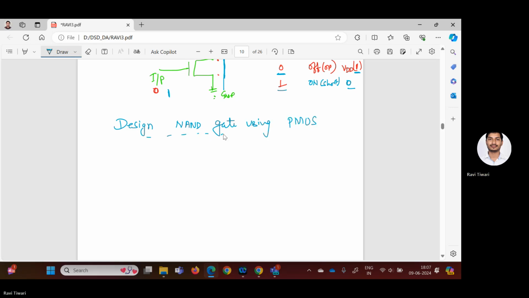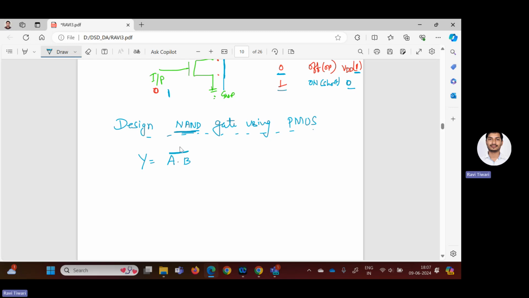Okay. So if you want to design any circuit, any expression, then first you write down the expression for that gate. So here we need to design NAND gate. So how can I write it down? For example, y is equal to a dot b whole bar, right?